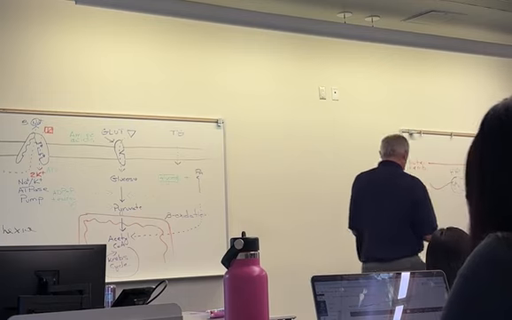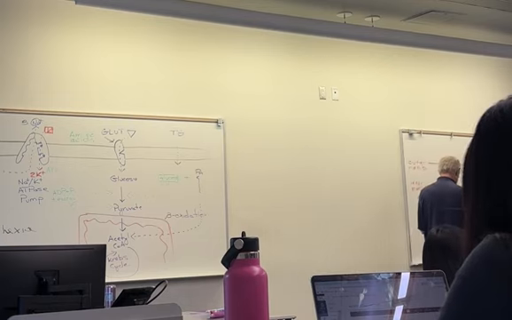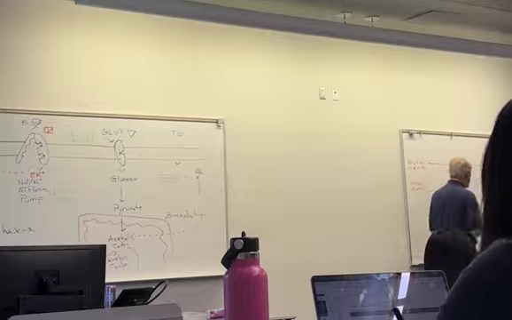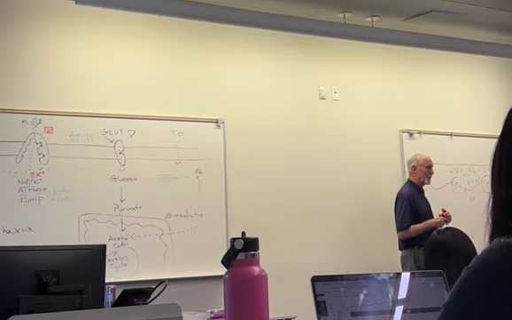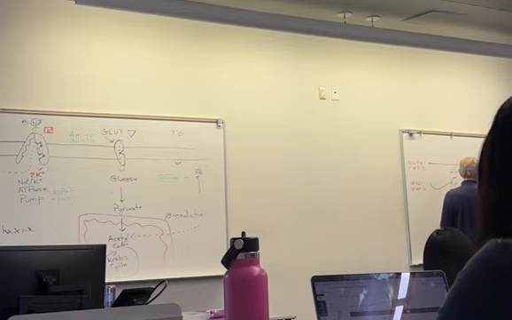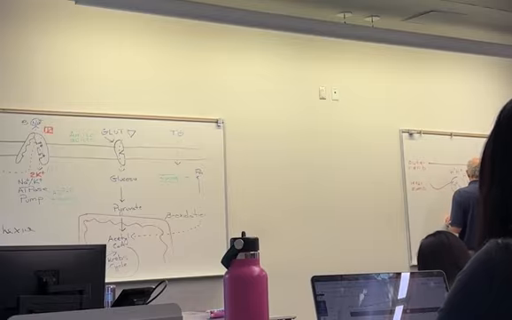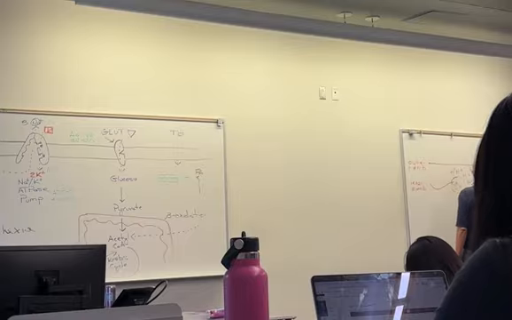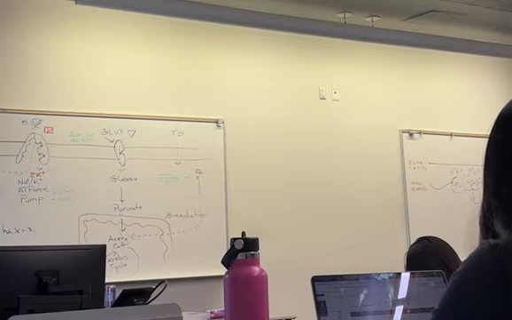Because brown adipose tissue has something really cool in it. And that is, it has what are known as uncoupling proteins. I'm going to just show one right here. I'll show a couple actually. We're going to call these uncoupling proteins.